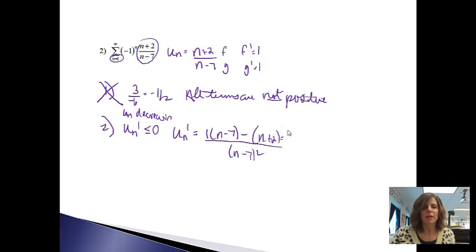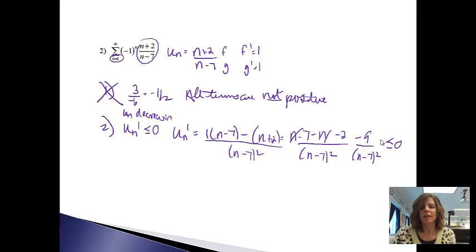And then when I do that, I'm going to get n minus 7 minus n minus 2 over n minus 7 squared. My n's cancel out. I end up getting negative 9 over n minus 7 squared. And once again, since I'm squaring the denominator, that will always be positive, but negative 9 will make it always negative. So the derivative of u sub n will always be negative. So actually this check does work. u sub n is decreasing.